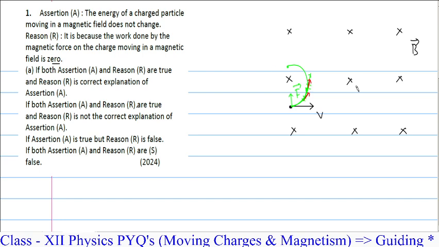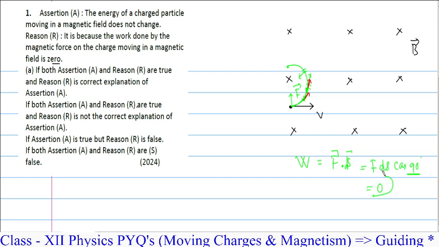Then for any elementary displacement, the force is perpendicular to that. So according to Fleming's left-hand rule, the force is perpendicular to both V and B, and in this particular case the work done will be equal to F dot S. For any small elementary displacement, it will be F ds cos 90 degrees.